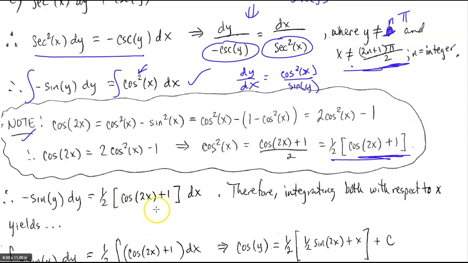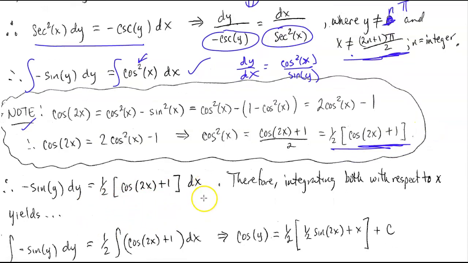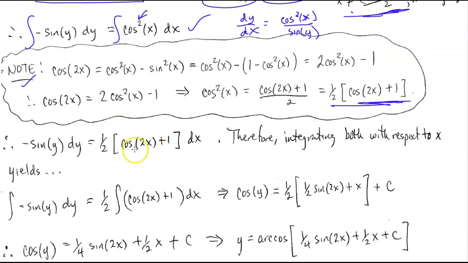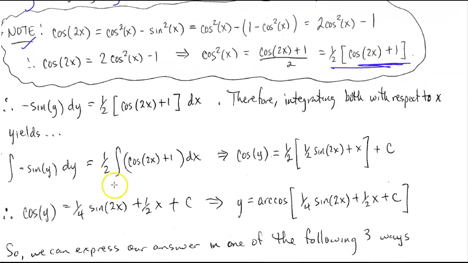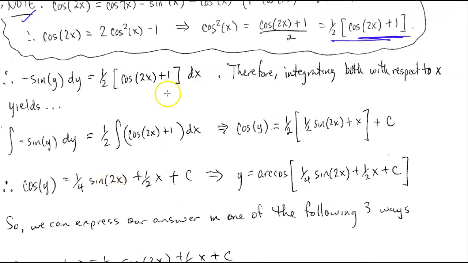And so once we do that, then I can handle taking the antiderivative of cosine 2x and take the antiderivative of 1 without a problem. And so from there, we just go ahead and integrate both sides. Of course, the antiderivative of minus sine is going to be cosine.